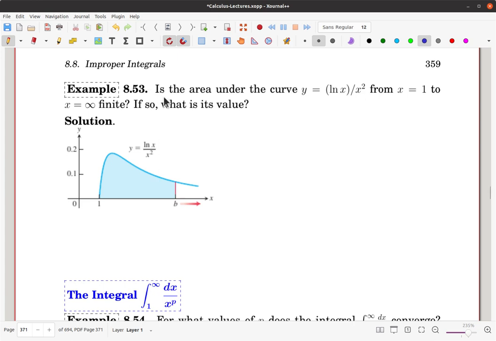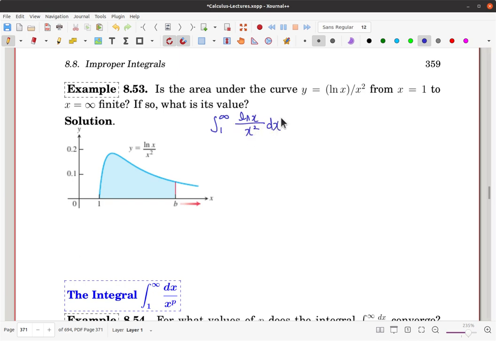Is the area under the curve y equals logarithm x over x squared from 1 to infinity finite? If so, what is its value? That means we have to get the improper integral from 1 to infinity of logarithm x over x squared dx.